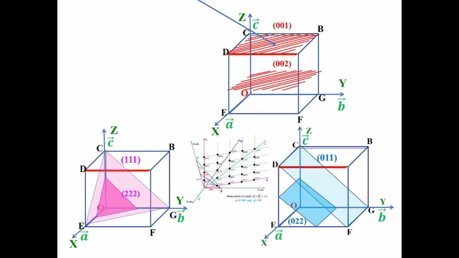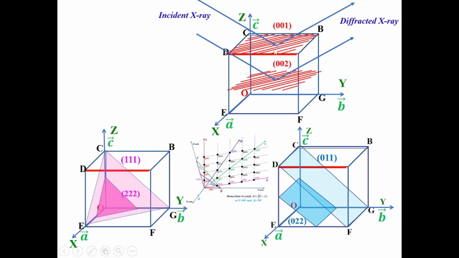Now in our Bragg's reflection or diffraction topic, we discussed that whenever X-rays are incident on these planes, the X-rays will be diffracted along this direction. On the basis of constructive interference, we get the information about the planes.